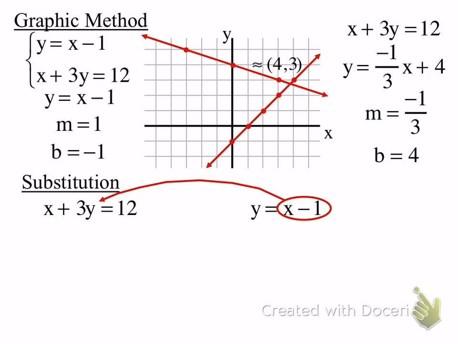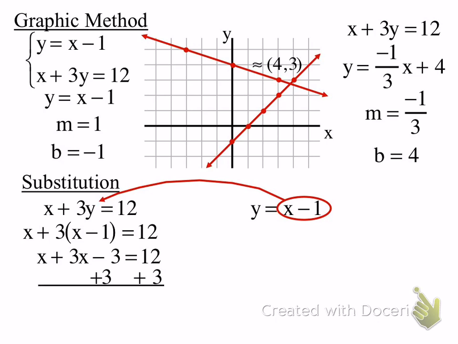So I get x plus 3 times the quantity x minus 1 equals 12. I distribute, I get 4x minus 3 equals 12. Add 3 to both sides. 4x equals 15. Divide both sides by 4.